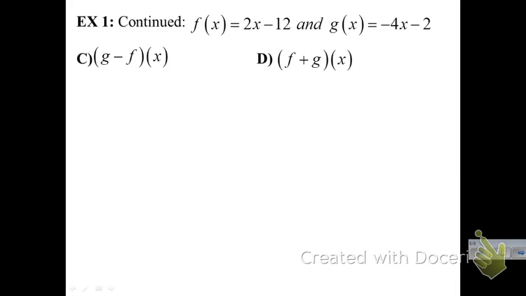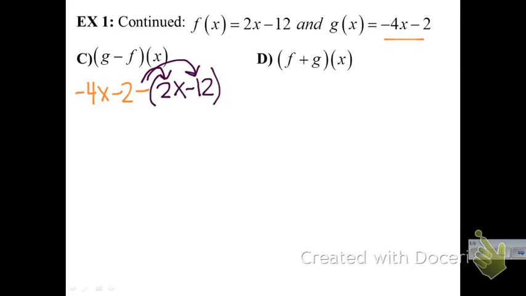Okay, we're going to continue this, and I've just kind of changed the order here. We're going to take g first. So all of g, and we're going to subtract f. Again, when we subtract, remember to put parentheses. So we remember that this negative has to distribute to both terms.